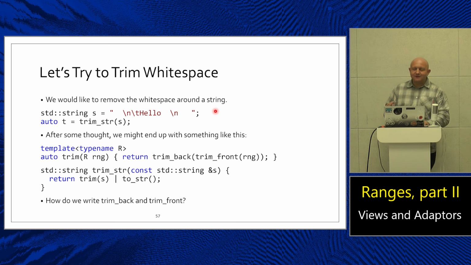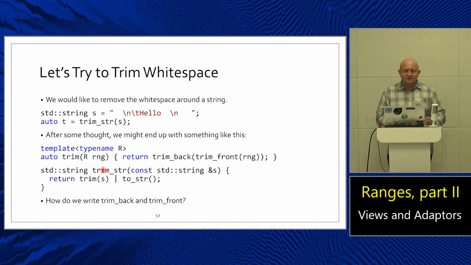After thinking for a bit, we might come up with something like this. First, we define a generic trim over a range. Generic trim is trim back composed with trim front. And now what do we have here?